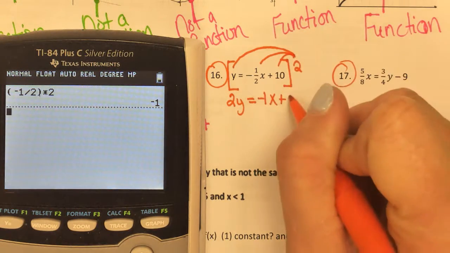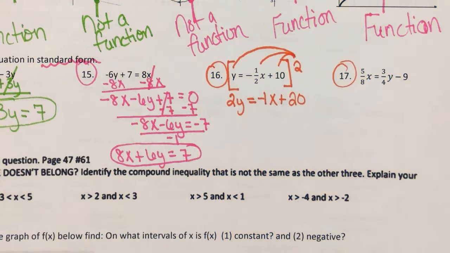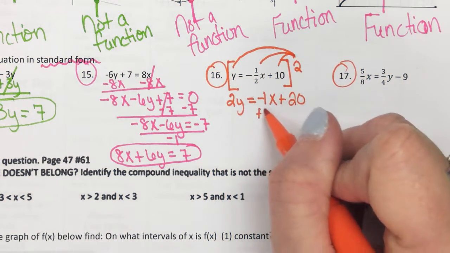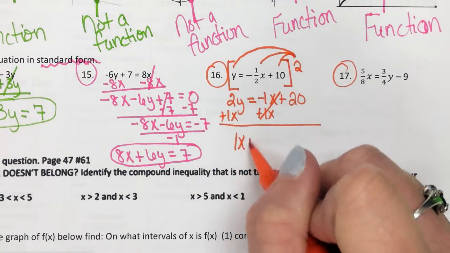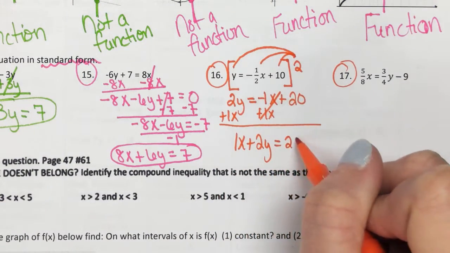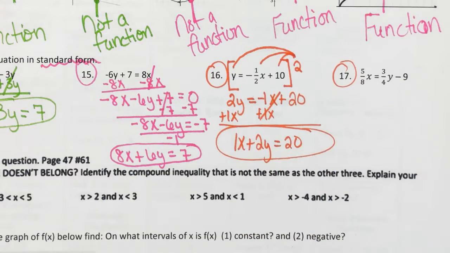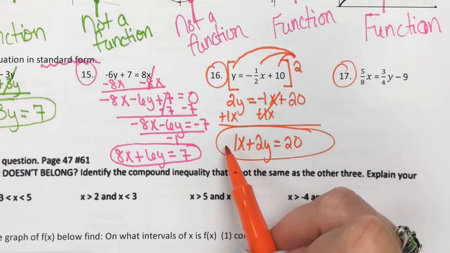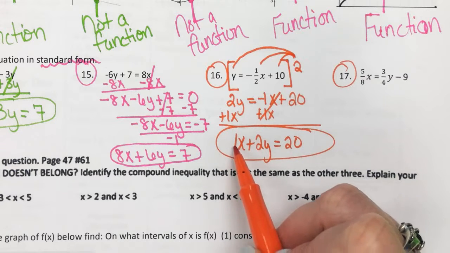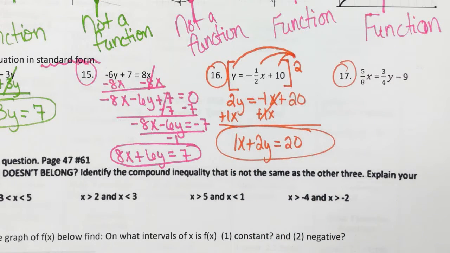And then 10 times 2 is 20. And then all you have to do is move that 1 over. There you go. No fractions, no leading negative, and what's the only number that goes into 1, 2, and 20? 1. So you're finished.